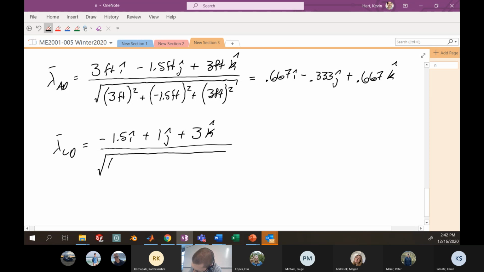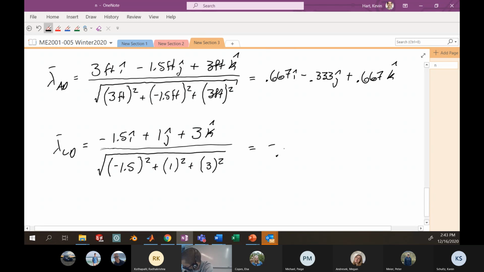All normalized by the total distance of this vector, negative 1.5 squared plus 1 squared plus 3 squared. I think this is the hardest part about these 3D problems, defining these. I know I'm taking quite a bit of time to talk about these unit vectors, but it's probably the hardest part of these problems.